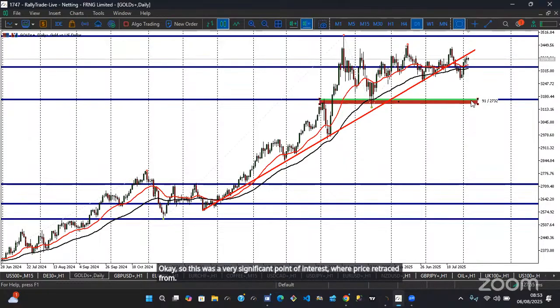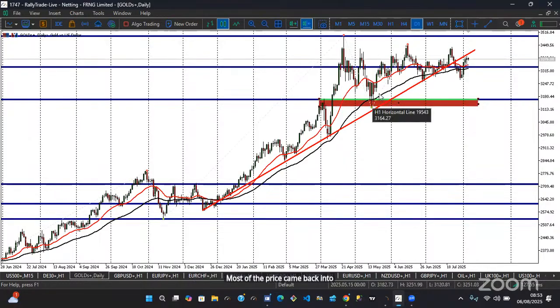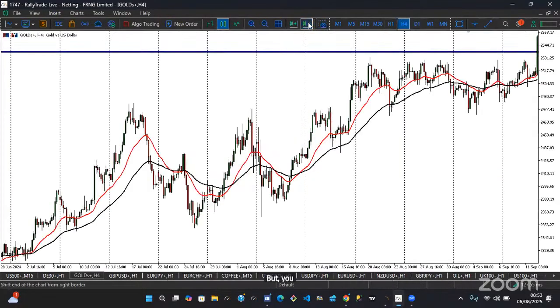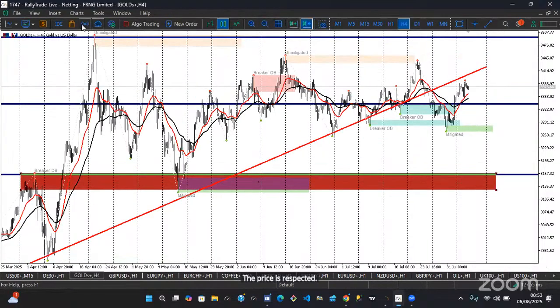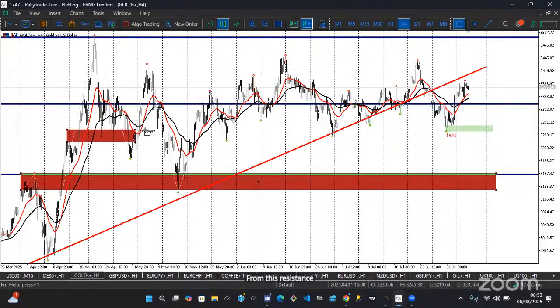Notice that price came back into this level and pushed higher, but there's an internal support on my 4 hours that price is respecting from this resistance.